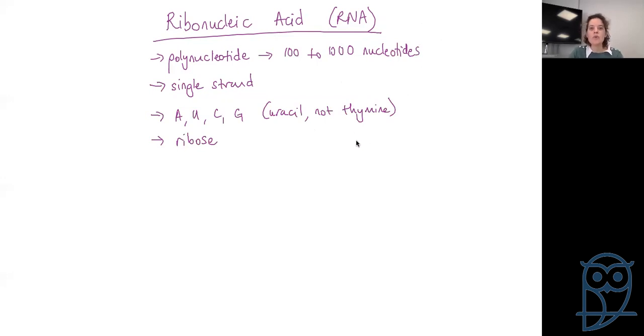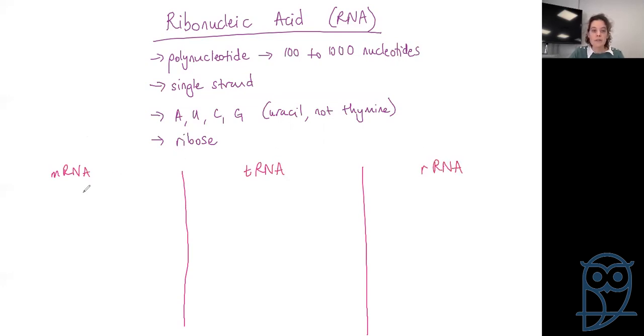When it comes to RNA, we've got three different types. We've got mRNA, tRNA, and rRNA. So, M for messenger. He takes the message. T for transfer. He does the transfer.